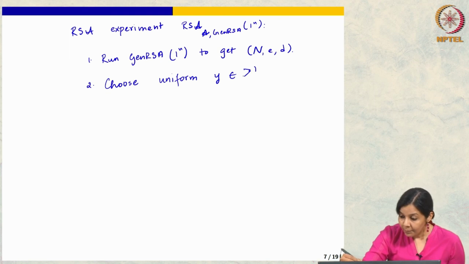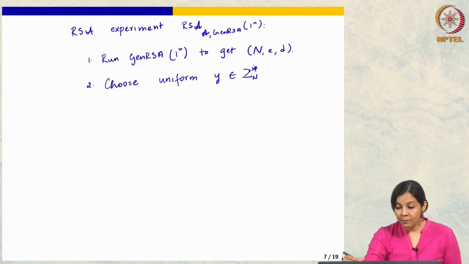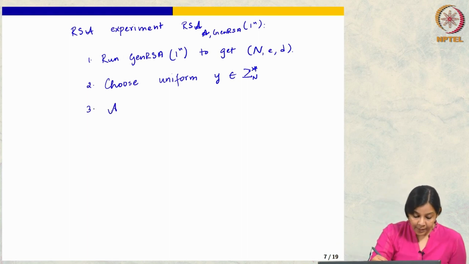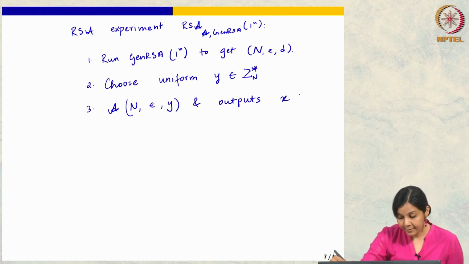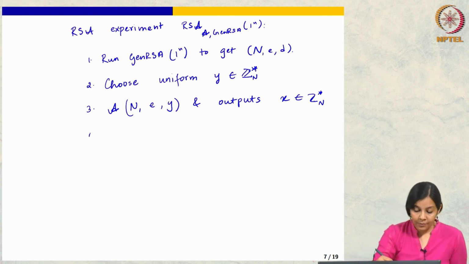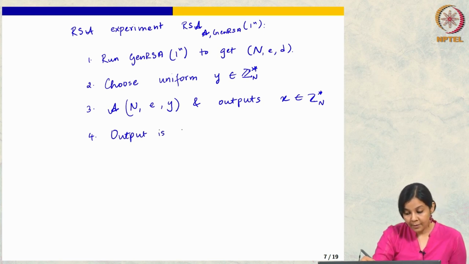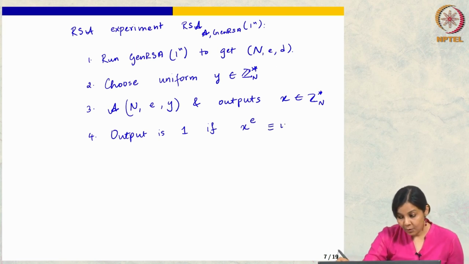Not good to be sloppy about case here because they mean two different things. So choose a uniform Y in Zn star, and now A is given N, E and Y, and outputs X in Zn star. The output of the experiment is 1 if X to the E is congruent to Y mod N.